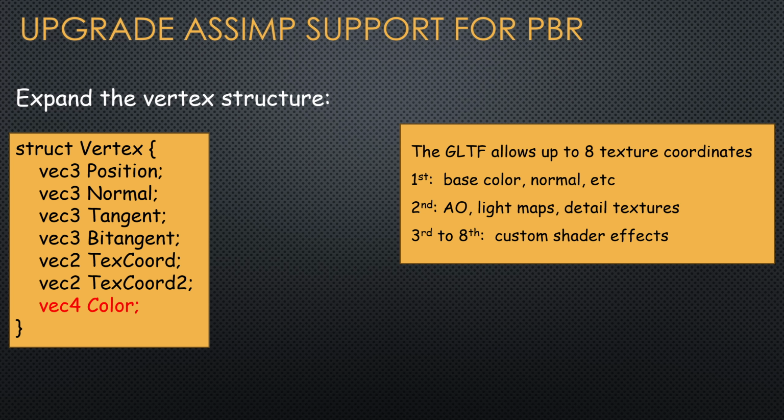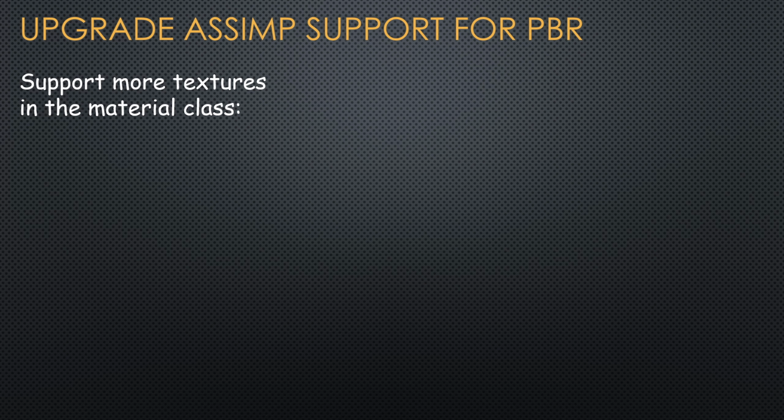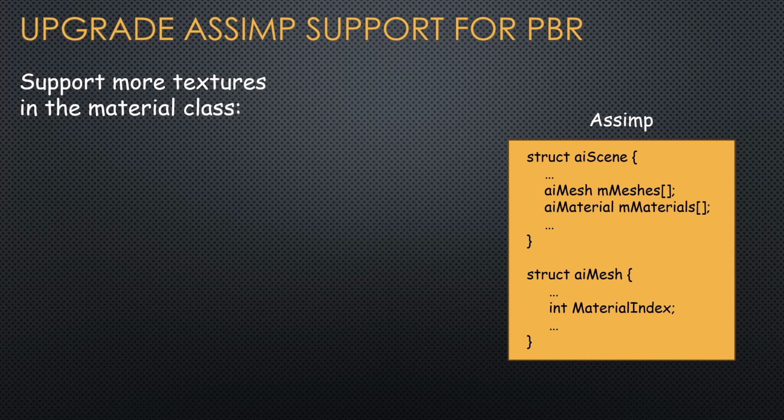In addition, there is a new color attribute, which will be used in the fragment shader to calculate the final color. The next change is in the material class. Remember that in Assimp we have an array of meshes, and each mesh includes an index into an array of materials.